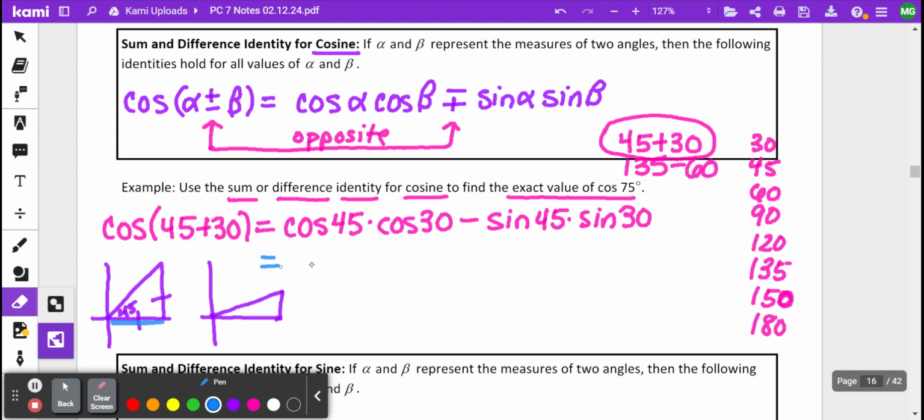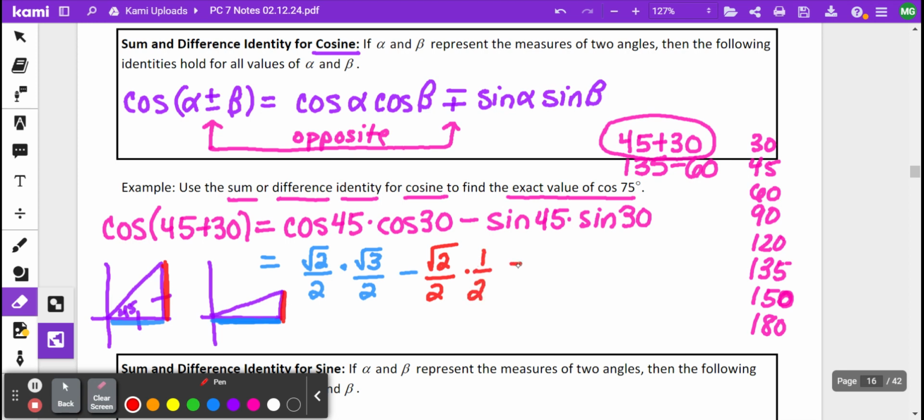Hopefully you remember that that's root 2 over 2, times the cosine of 30. Cosine, remember, is our x value. 30 is a longer triangle. It's not so tall. Minus the sine of 45, which is right here, root 2 over 2, times the sine of 30, which is a little short triangle, and that's 1/2.